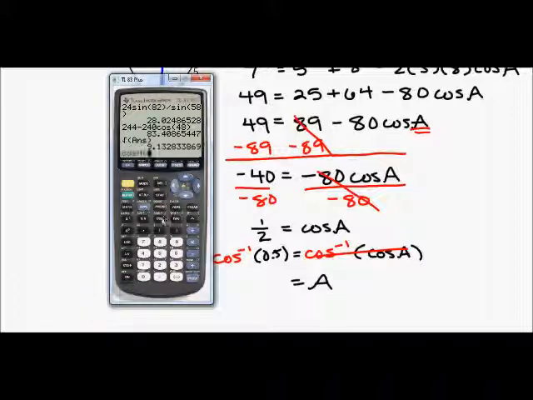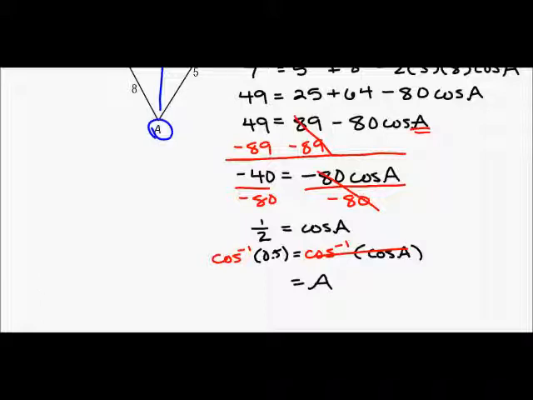So arc cosine, that's second cosine of 0.5 equals 60. So A is 60 degrees.